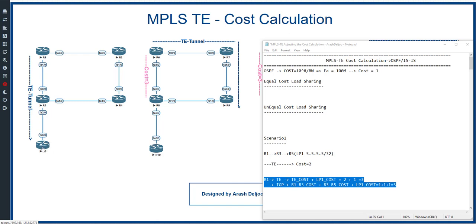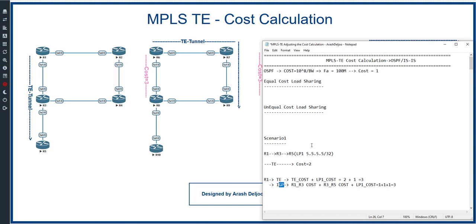You know that here R5 is the tunnel tail, and R1 is the head end of the tunnel, and here we have the tail end of the tunnel.